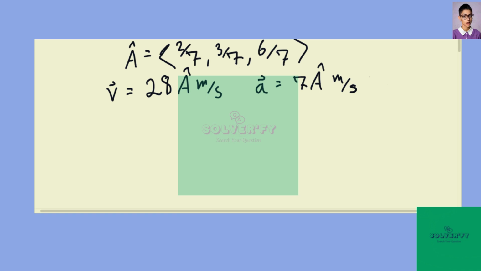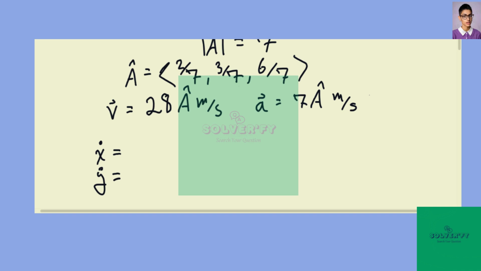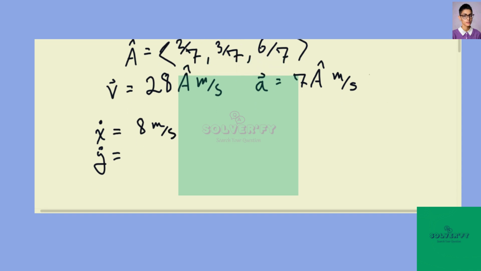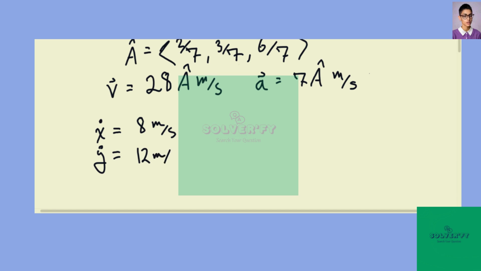So first, we're going to have to find x dot and y dot, which are just going to be our overall speed, 28, times their corresponding components. So 28 times 2 over 7, 28 over 7 is 4, so that's 4 times 2, which is 8 meters per second. And y is 3 times 4, which is 12 meters per second.